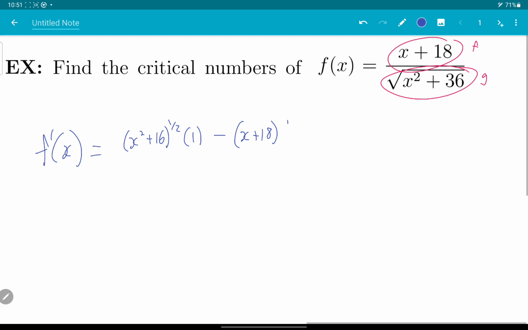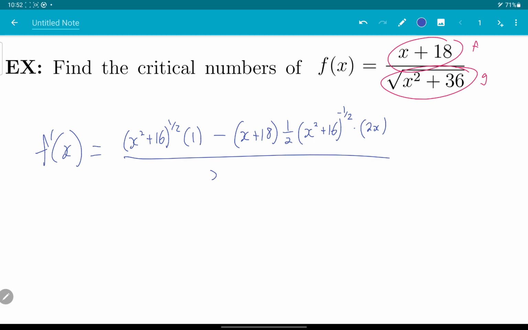So g prime, the half comes down, times x squared plus 16, subtract 1 minus half, and then times the derivative of that x squared plus 16, all divided by g squared. And as usual, my numerator is a mess. I should factor whatever I can.